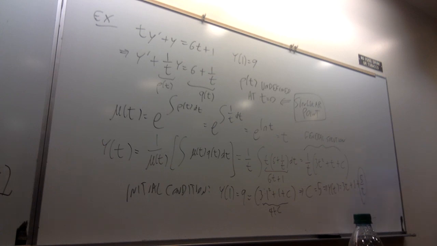So this is your transient term, a term that is not going to stick around for the long haul. So transient term and singular point are two terms that arise in the homework on this section. Okay.